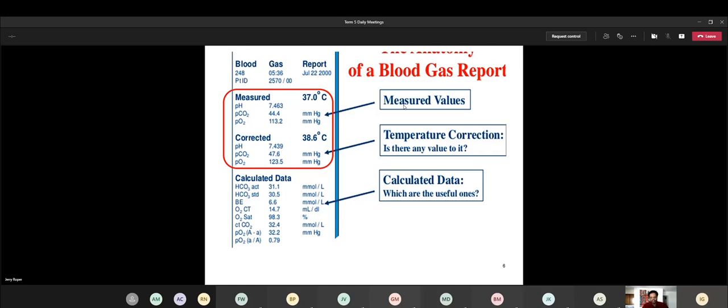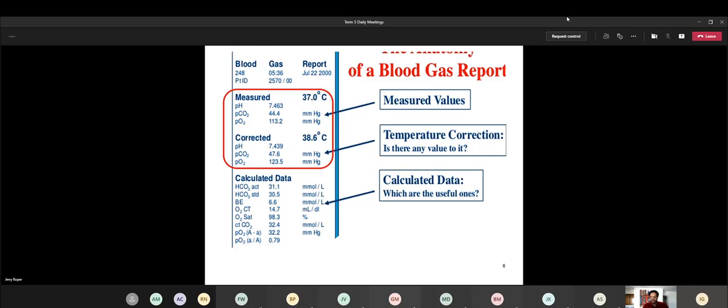And as you see, it makes a pretty significant difference on what you're going to be seeing on your report. So some places are not really going to be that concerned about doing the temp corrected, and then other places are going to expect you to always do a temp corrected for all patients, not just babies, but even adults.